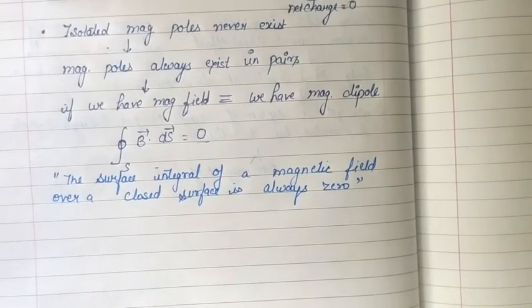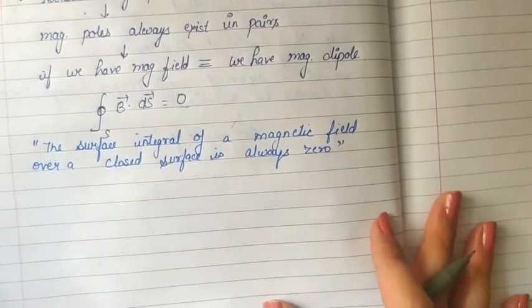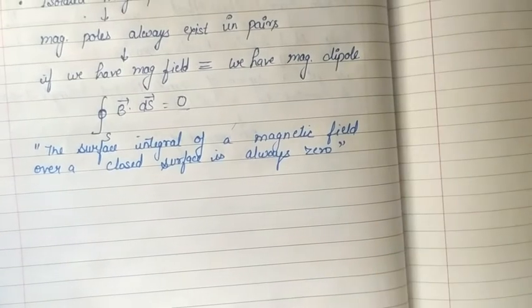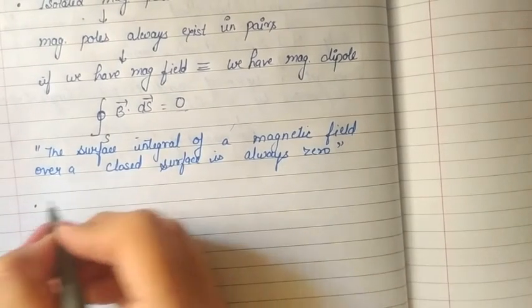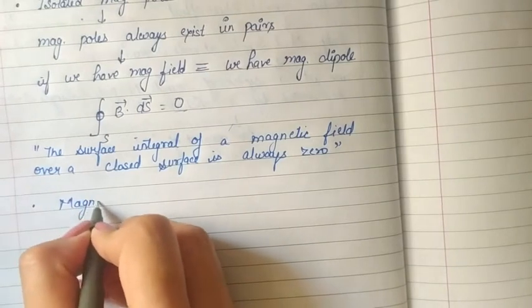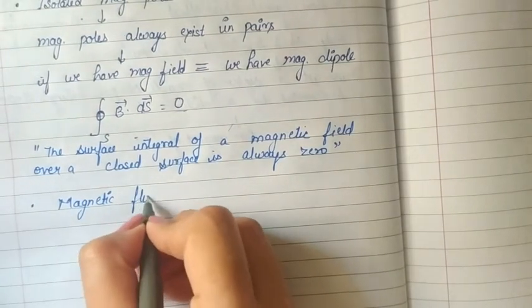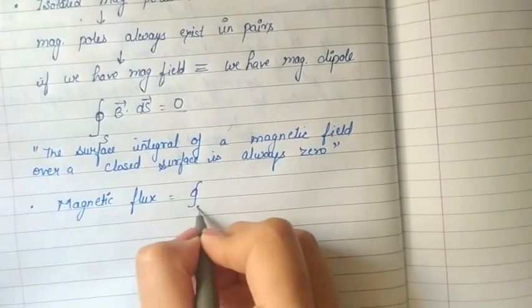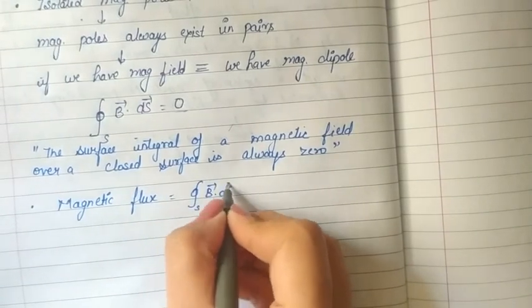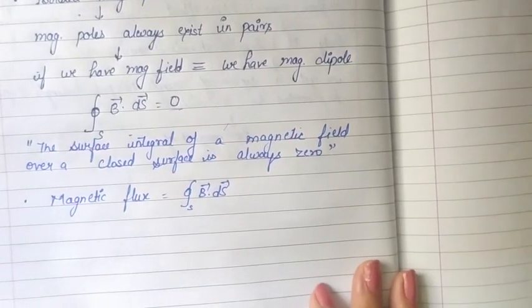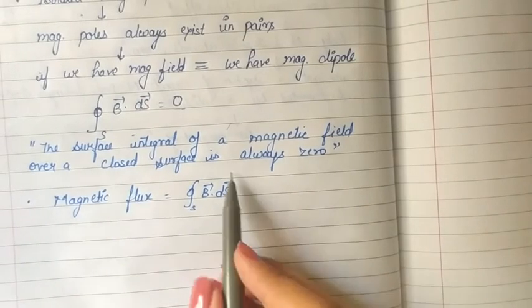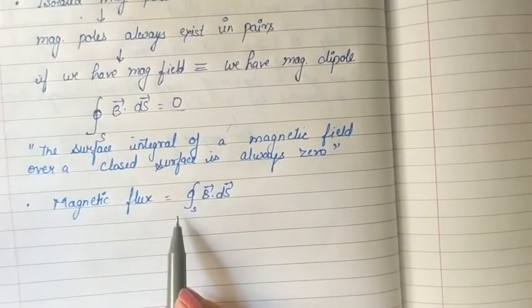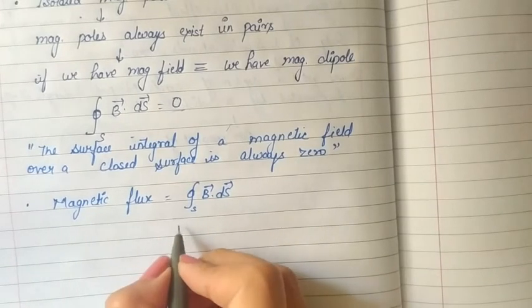Now one more point we have to note: the surface integral of a magnetic field over a surface is actually equal to the magnetic flux through that surface, right? So the magnetic flux through a surface is equal to the surface integral of magnetic field over that surface. If this value is 0, that means the net magnetic flux through a closed surface is always 0.